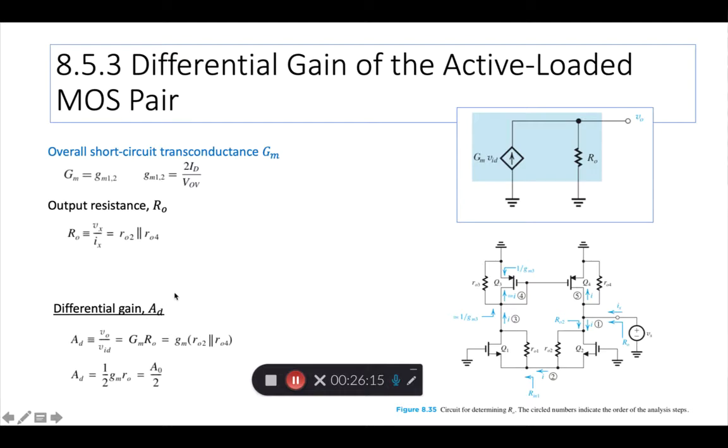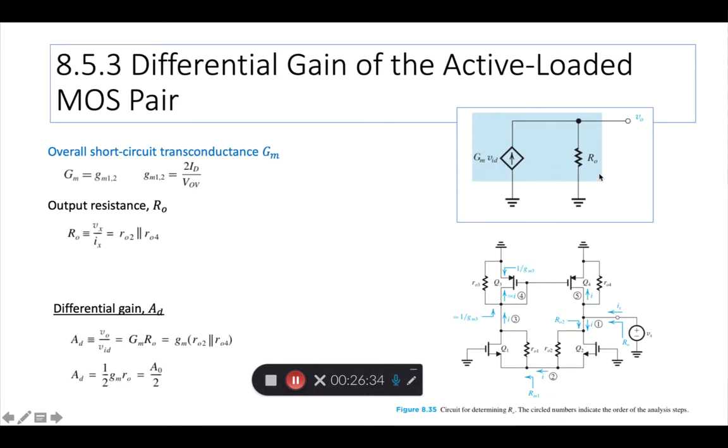Then the differential gain, that is the ratio of the output signal voltage to the input signal voltage, which is VO by VID, is GM-RO, right?